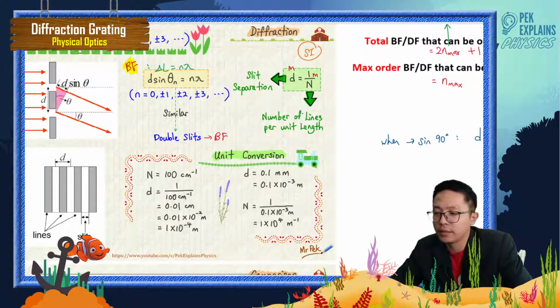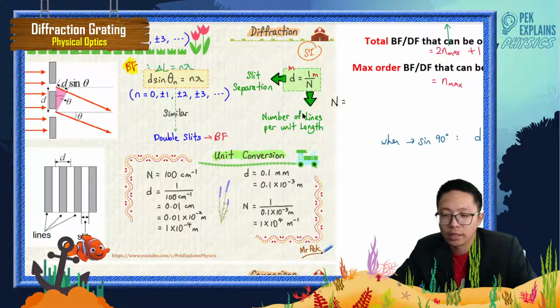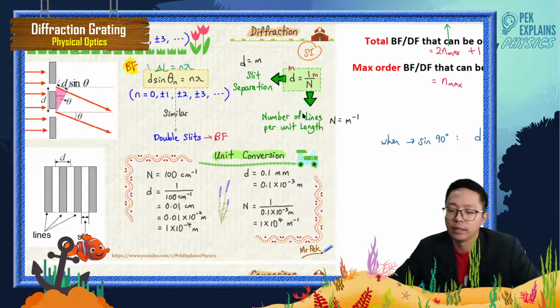The unit for n is per meter, but for d the unit is meter. So this is lines per unit meter.